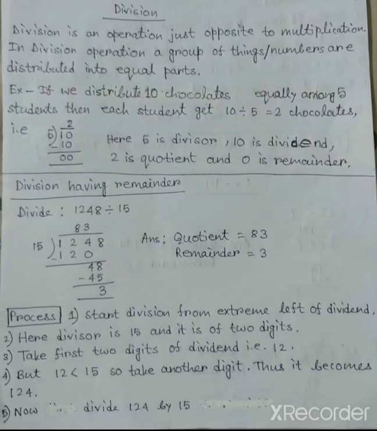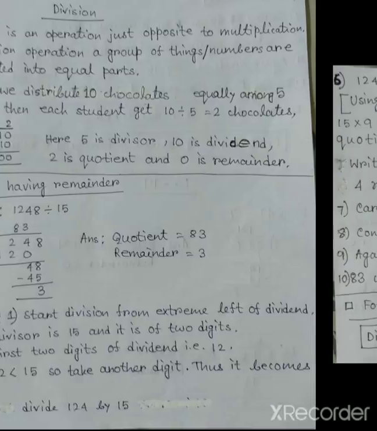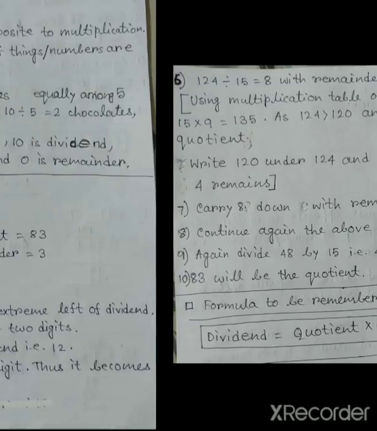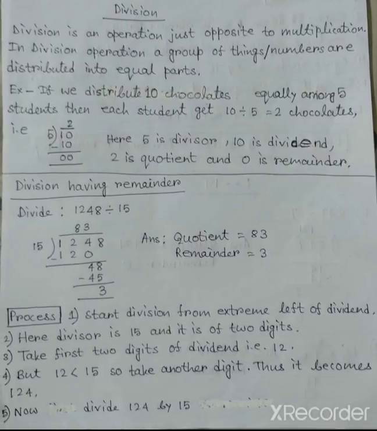This is the process. This 4 is written. Now next step. Carry 8 down with remainder 4. This 8 is coming down. So now you have to divide 48 by 15.